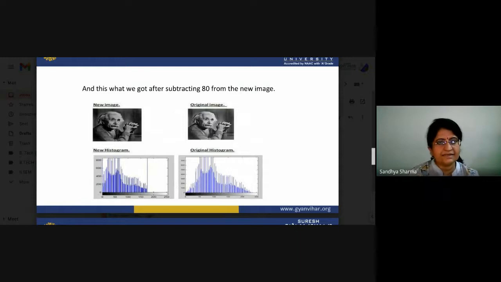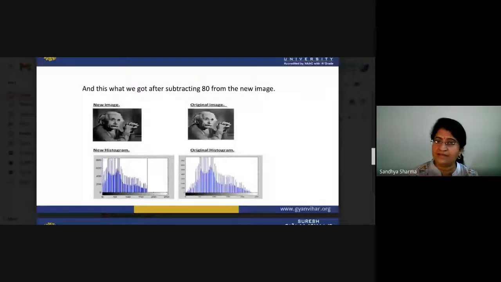Basically, a histogram is a graphical representation. If you want to increase the brightness, what about the gray level? Gray level is basically an indication of the intensity of our pixels, our signal. So if you want to enhance the brightness, you have to add some extra value to your original gray levels, then your whole image will move towards the brighter part, because we are adding that particular number to all the pixel values.